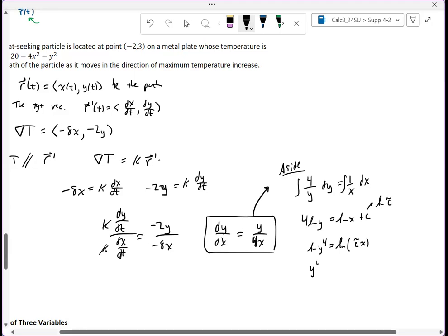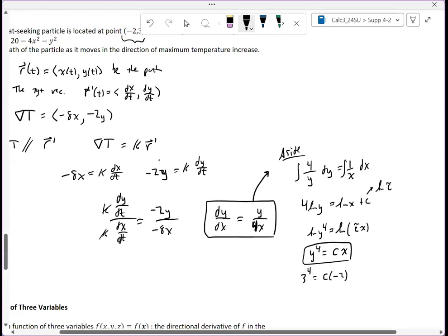Or I have that y to the fourth, and OneNote just loves correcting my 4s to 9s, y to the fourth equals, and I'll just get rid of the tilde now, cx. We know that we start at the point x equals negative 2, y equals 3, so I have 3 to the fourth equals c times negative 2.